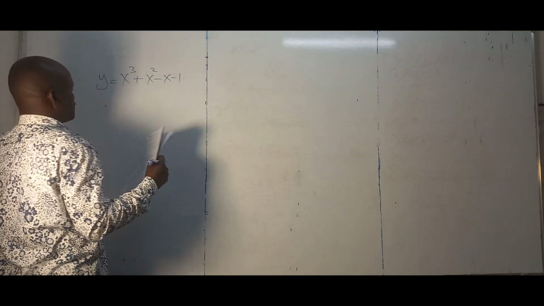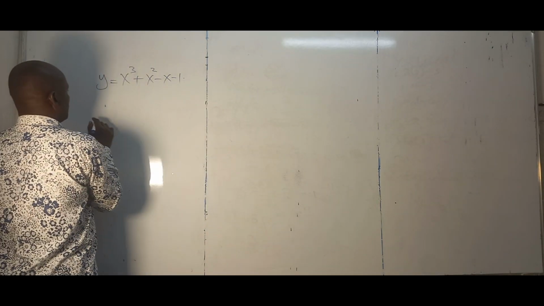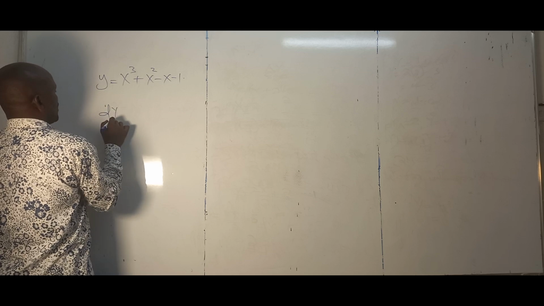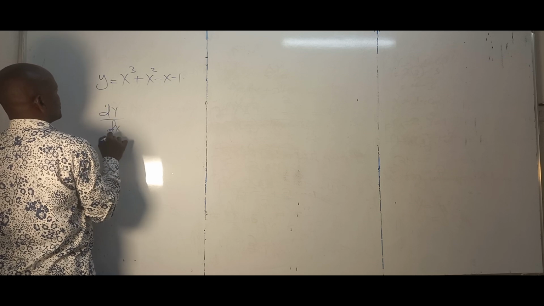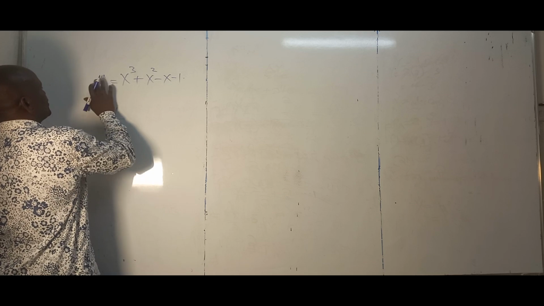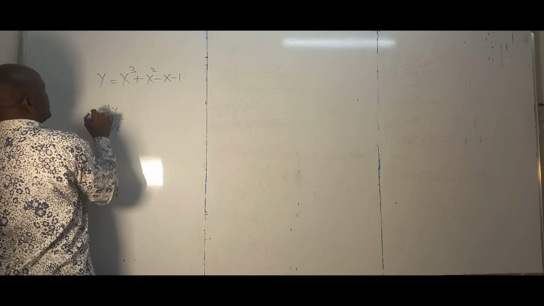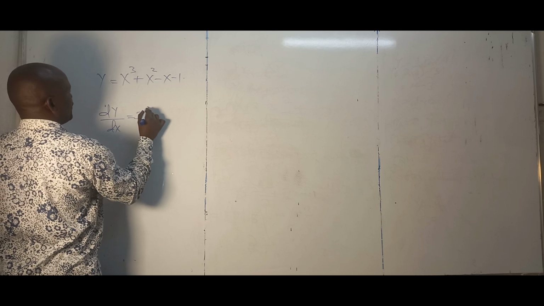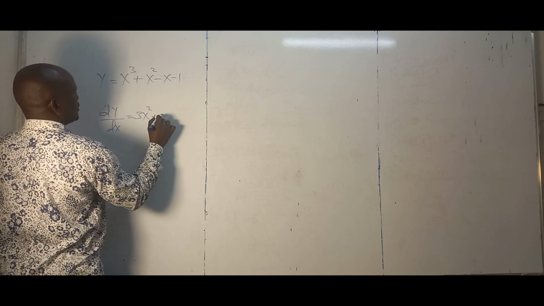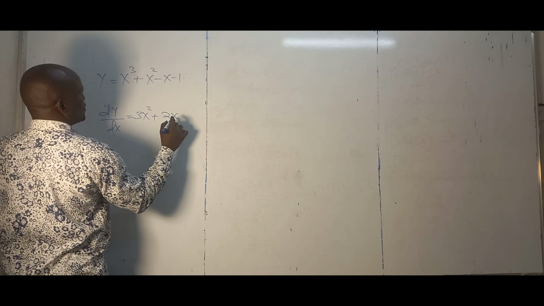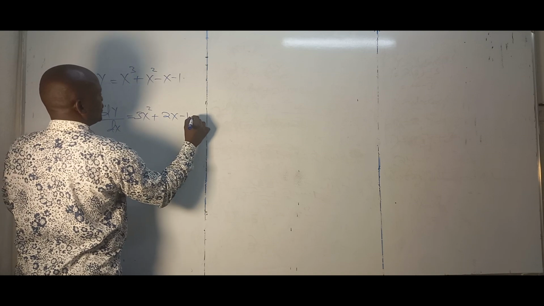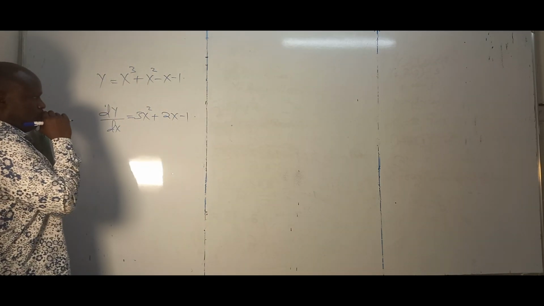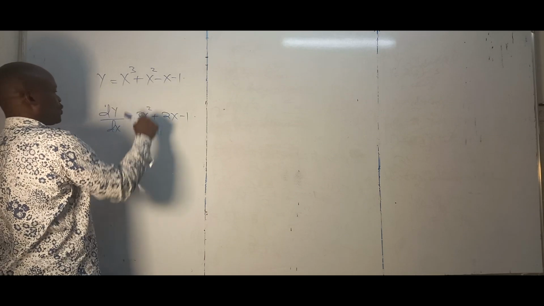So the first thing I'll do is get the derivative, which is dy/dx, and so dy/dx will be 3x squared plus 2x minus 1. That's the dy/dx of this function.